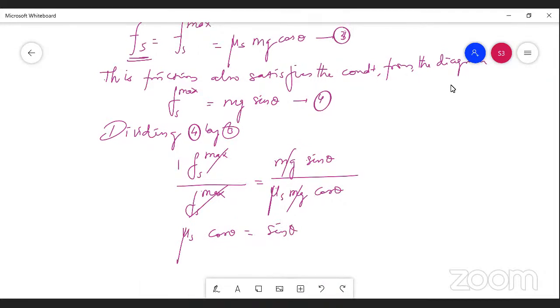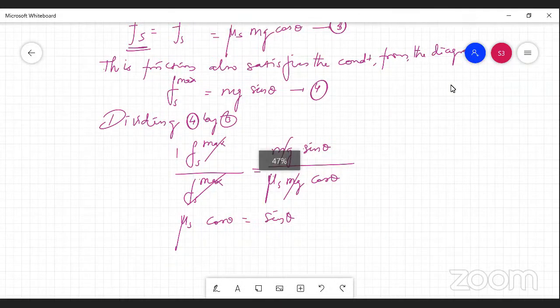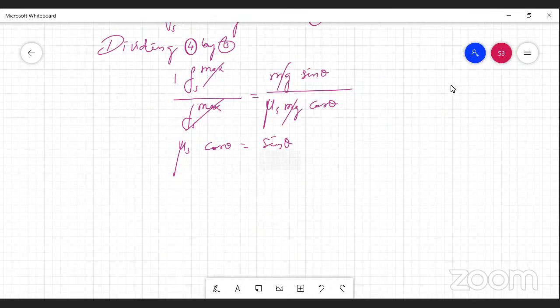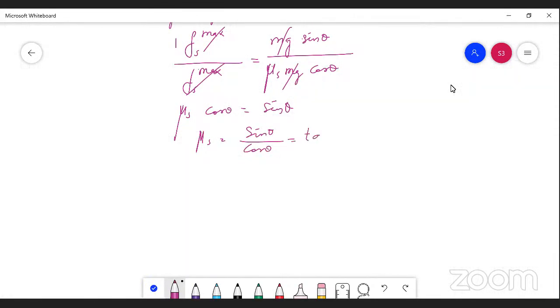So we can write mu s is equal to sin theta divided by cos theta, which is equal to tan theta. So mu s is equal to tan of theta. So the coefficient of static friction is equal to the tangent of the angle of repose.